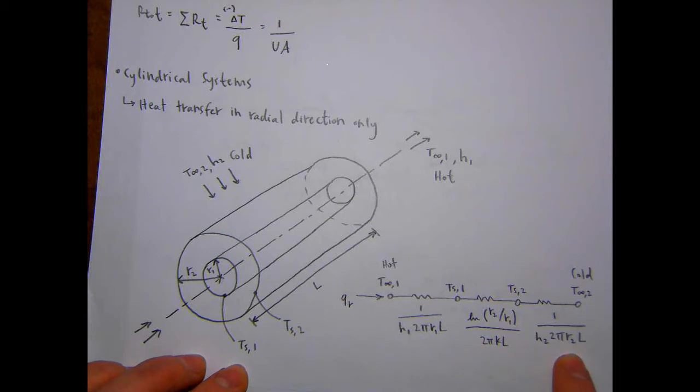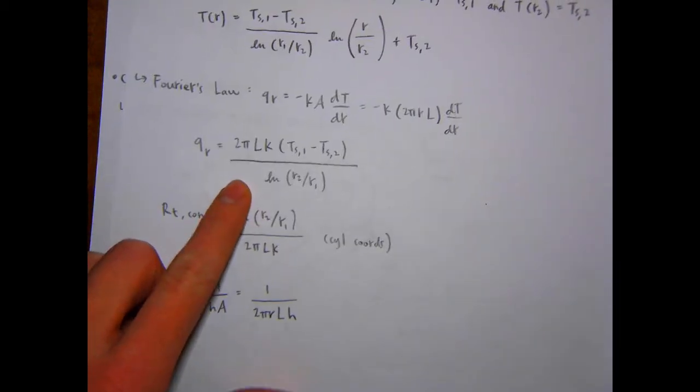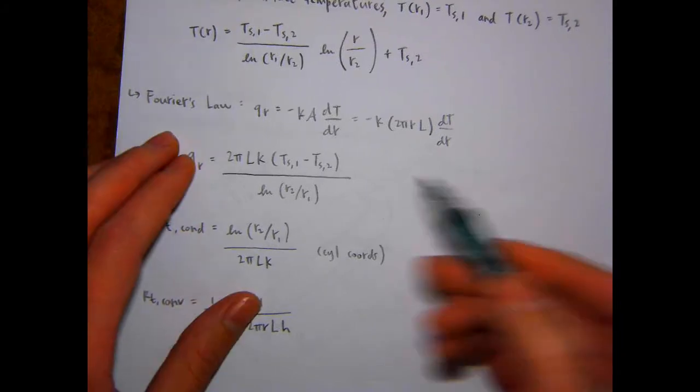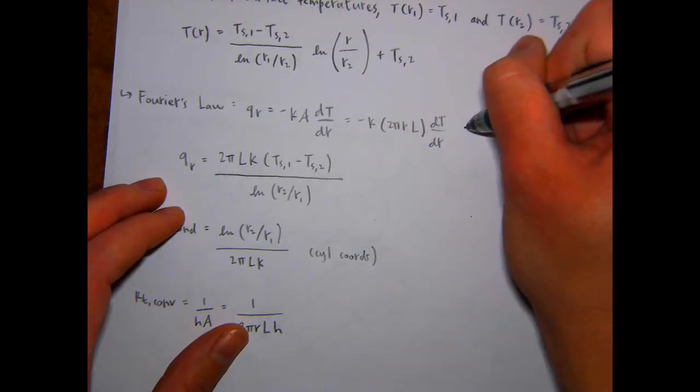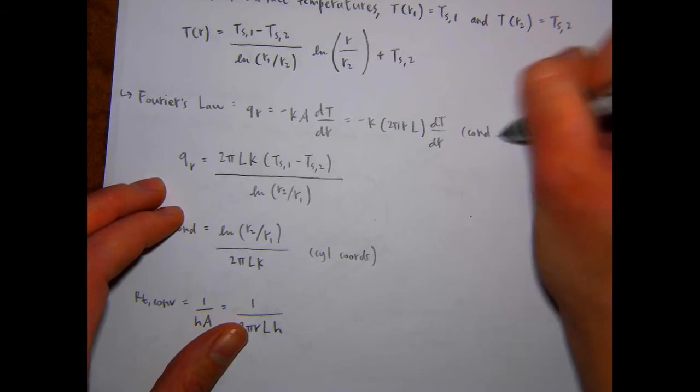The heat transfer rate equation that we derived did not have convection. Oh, you're saying here. Correct. Yeah, okay. So this was just Fourier's law. So we're looking at the heat transfer rate for conduction only.